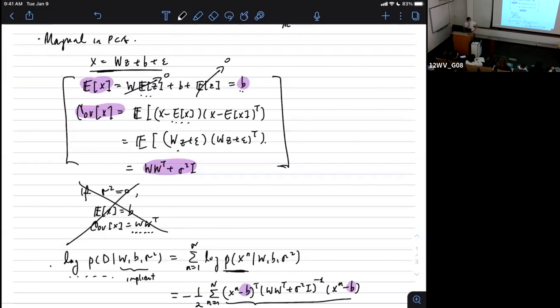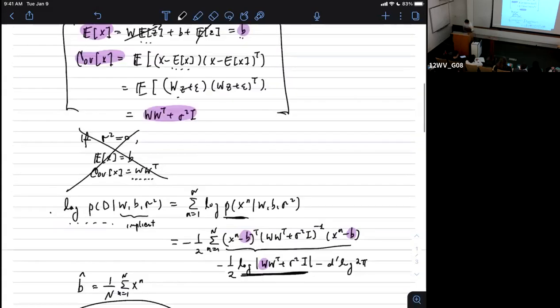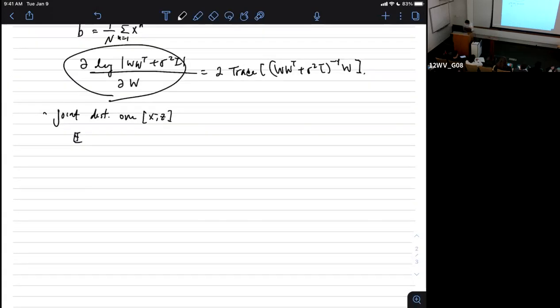What that means is that the marginal distribution over x is not conditional on z at all. It's just b and w. So we can just stack them, and that's going to be another Gaussian distribution, a d plus d prime dimensional Gaussian distribution.